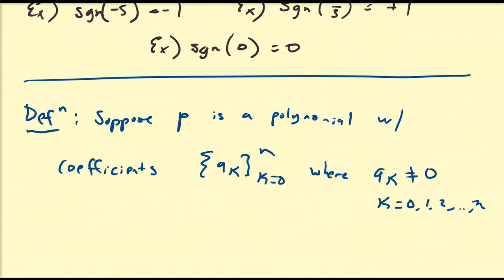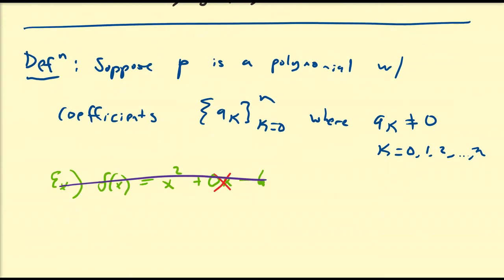So you do not have something, for example, like x squared plus 0x minus 6. This is a polynomial, but this type of polynomial we're not going to consider because one of the coefficients is 0.